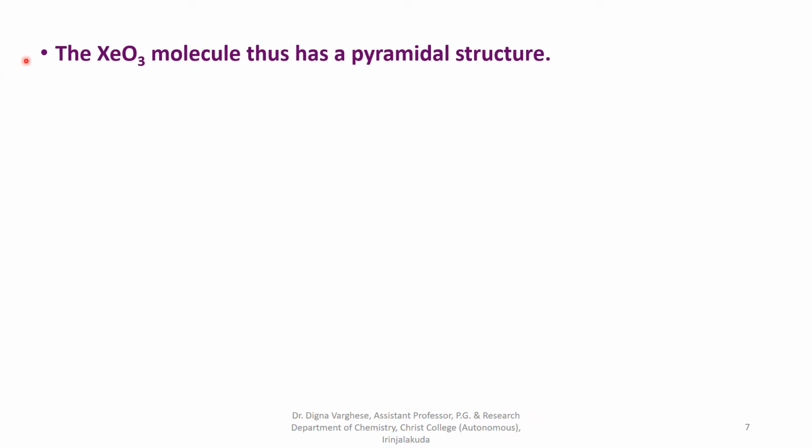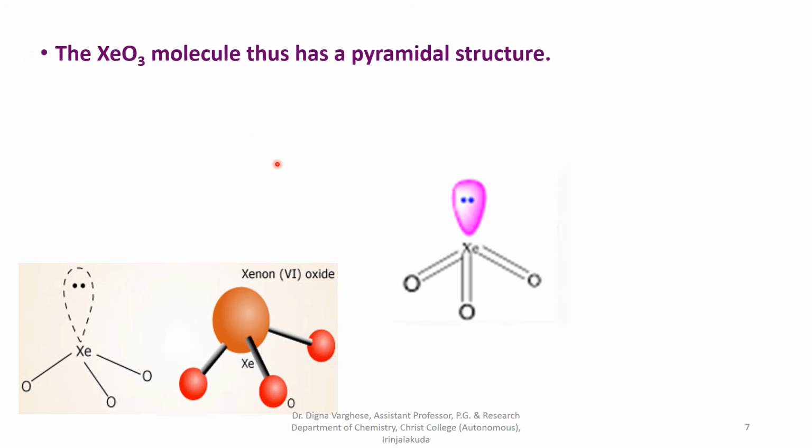The XeO3 molecule thus has a pyramidal structure because the three half-filled sp3 orbitals overlap with the 2p orbital of the oxygen atom, forming sigma bonds with the xenon atom, and one sp3 orbital contains an electron pair that acts as a lone pair.